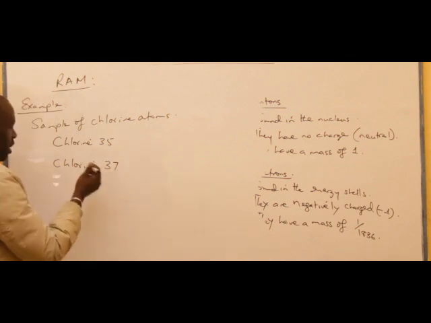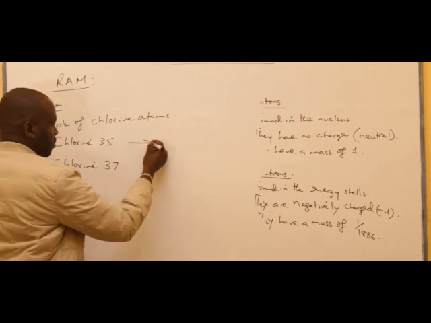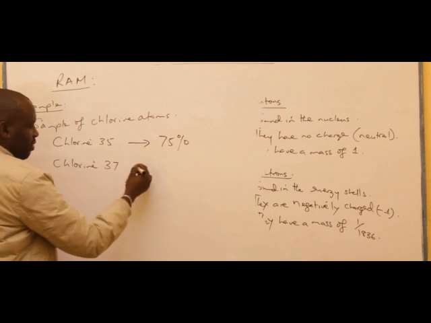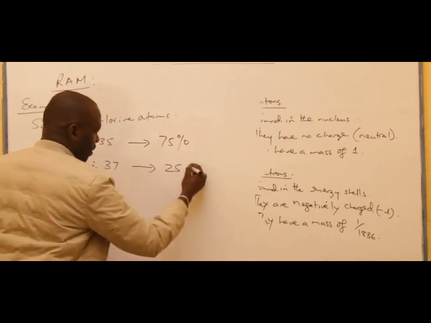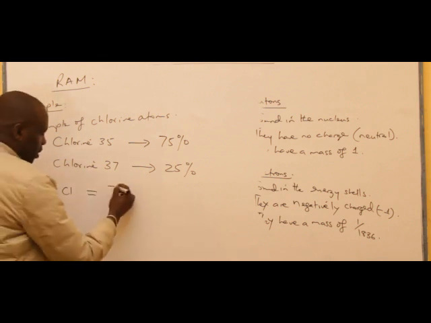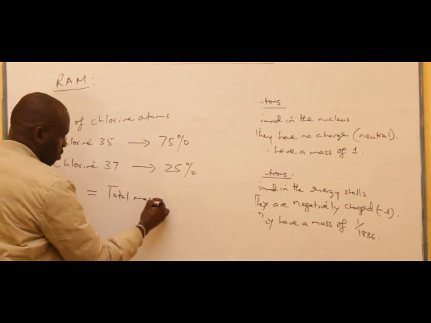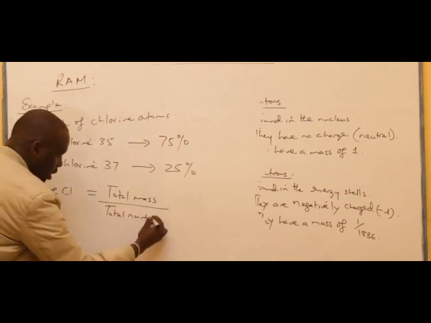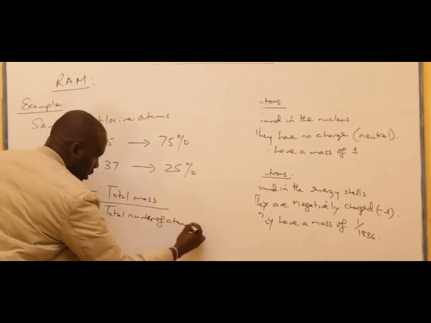So let's say we are given that chlorine 35 in the sample is 75% and chlorine 37 in the sample is 25%. Out of this sample, you are told to calculate the relative atomic mass of chlorine. To get the relative atomic mass of chlorine, first of all, get the total mass. Divide by the total number of atoms.